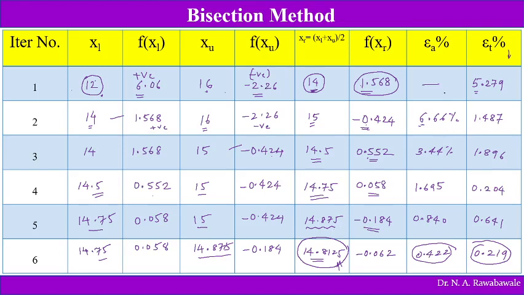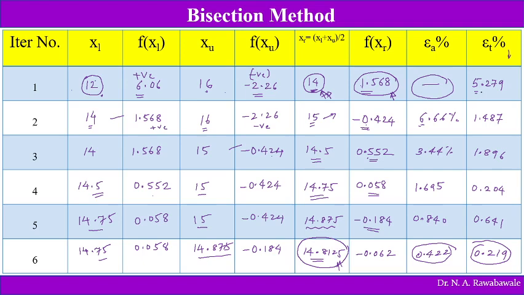So first approximate error cannot be obtained, because this is first approximation. We cannot compare it with true value. If we compare it with true value, then this will be true error. So this is the first approximation which we have obtained, therefore we cannot find out the first approximate error. But after first iteration, in second iteration we got second approximate value and first approximate value, then we can find out this approximate error.